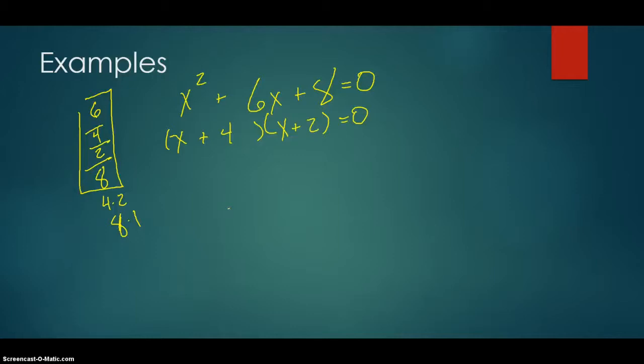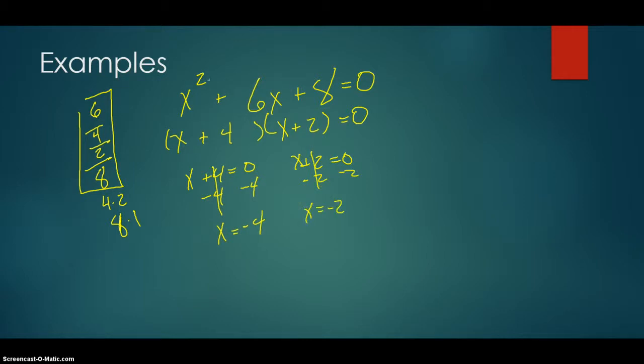So to solve, I take each one of these terms and I set it equal to 0. And these are just simple algebraic expressions to solve. X equals negative 4 and x equals negative 2.